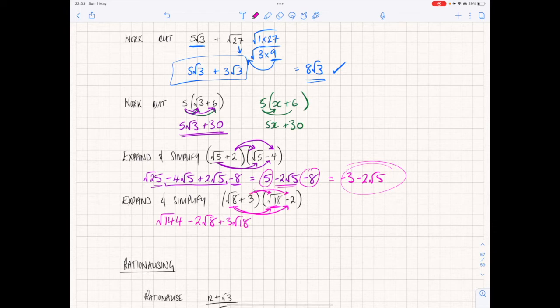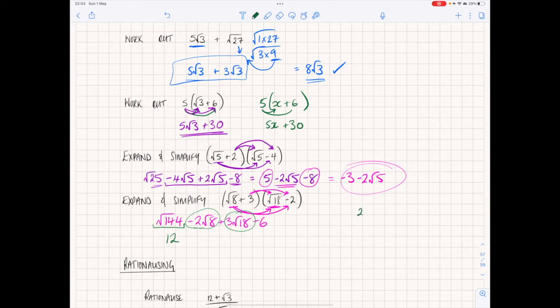And then 3 times minus 2 is minus 6. Let's start tidying this up now. Root 144, the square root of 144, is just 12. Now what we've got is an issue here in the fact that that and that are not the same surd, so I can't do anything to tidy them up.